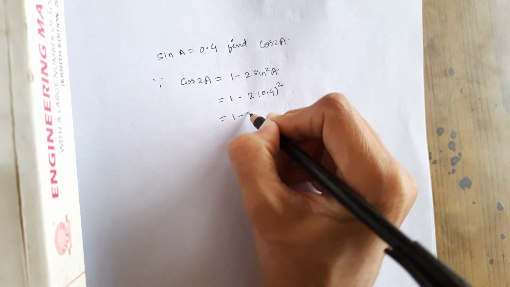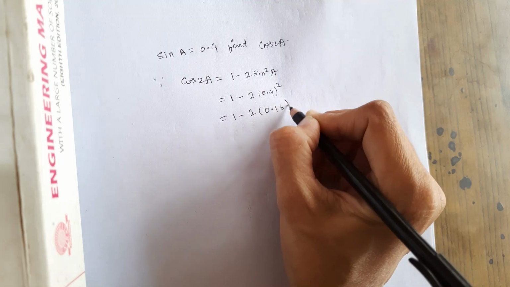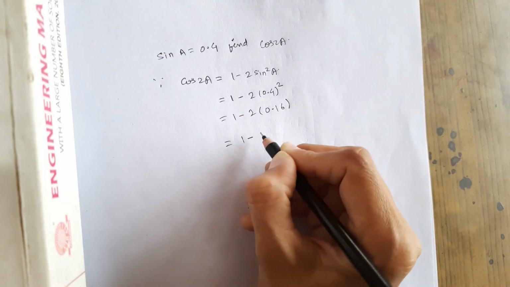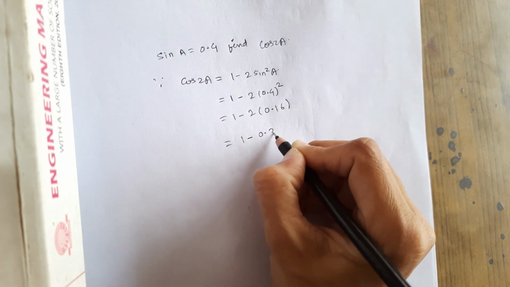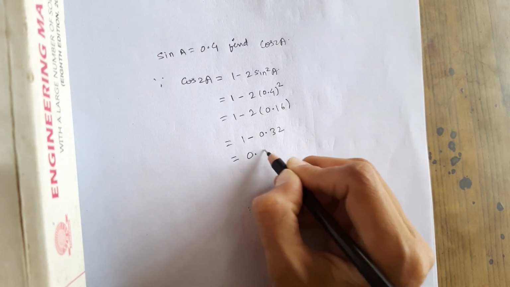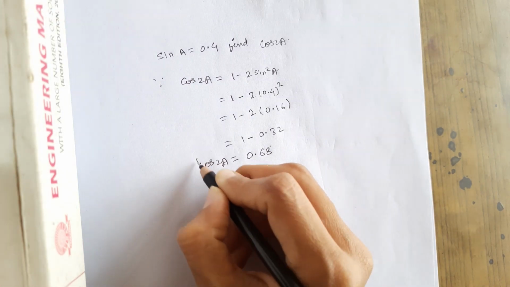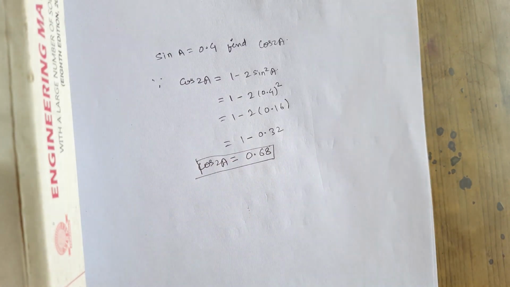So 1 minus 2 into 0.16, which is 1 minus 0.32, which is equal to 0.68. This is cos 2a. I get the value like this.